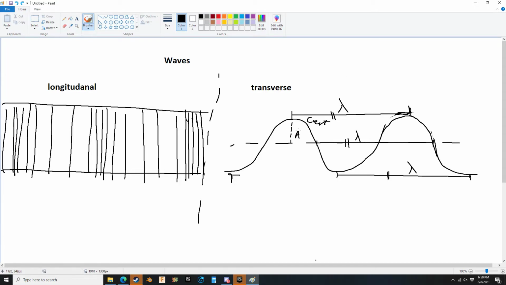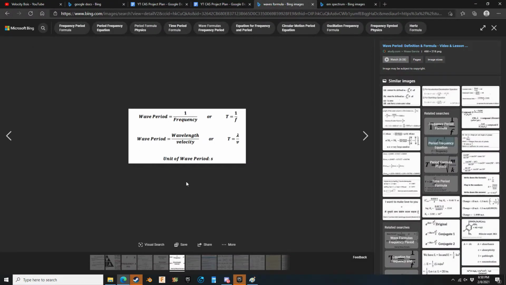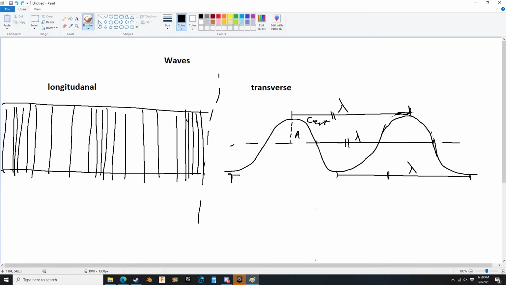So we have lambda, we have amplitude, and then we have the speed of the wave. You can't really see the speed of the wave in the drawing, but that's fine because the speed will be in meters per second. So let's look at our wave formula. T is equal to lambda over v.